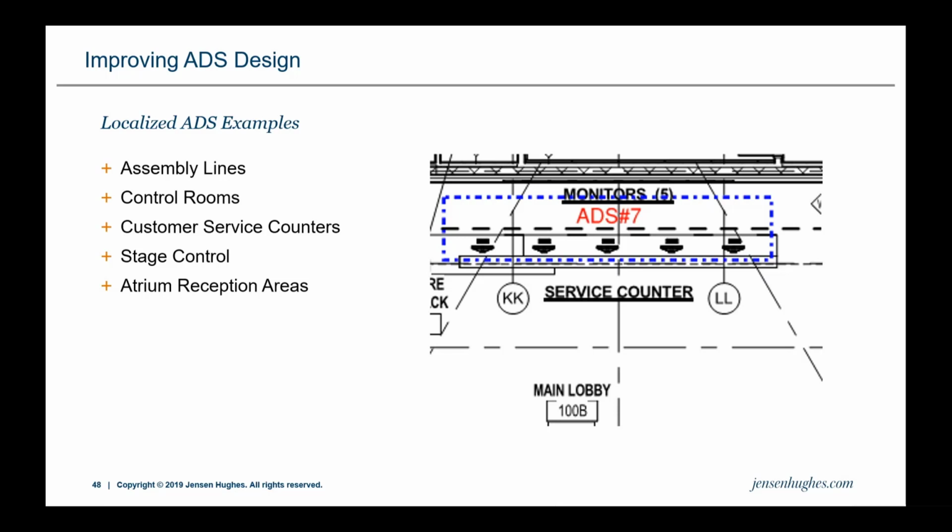Stage control facilities or atrium reception areas. This is a small little ADS developed just for the pre-function area of our acoustically distinguishable space in our theater, for example. We're providing a very focused approach on the folks because we know where they're going to be.